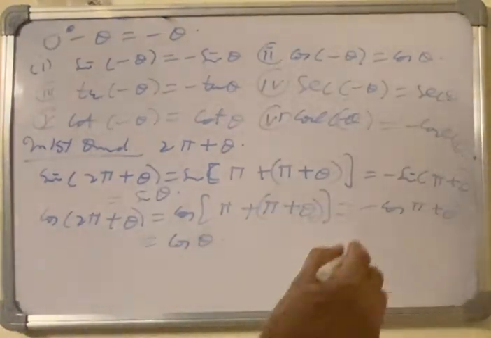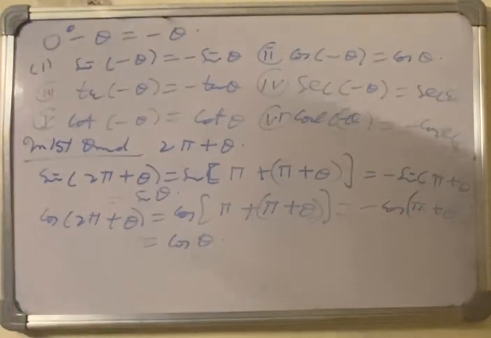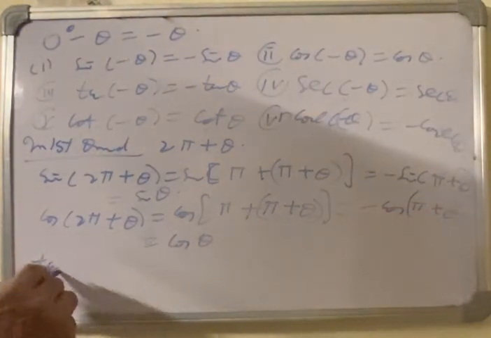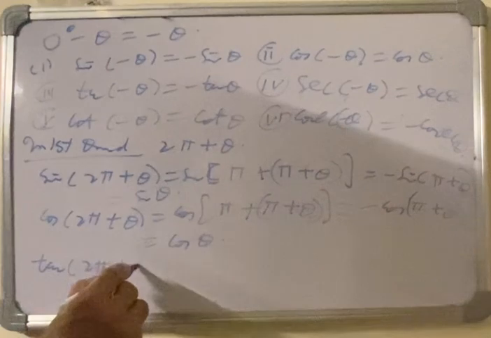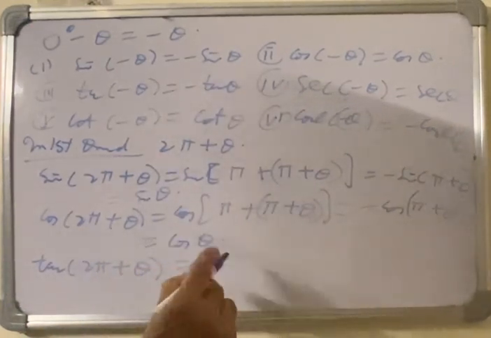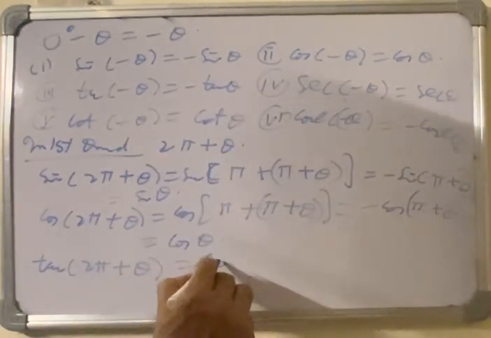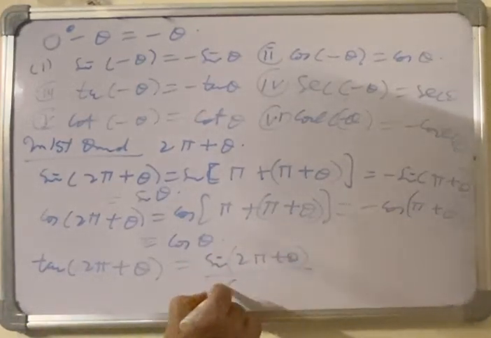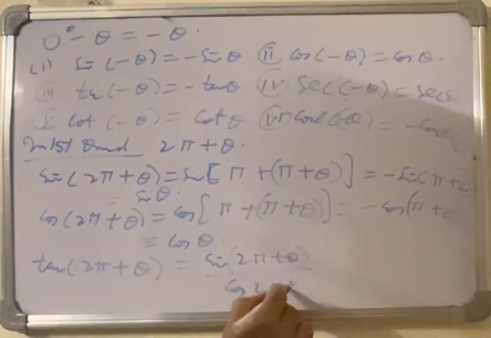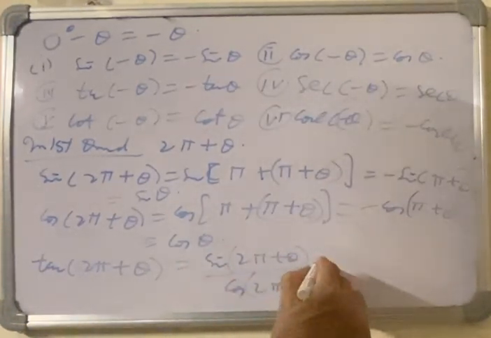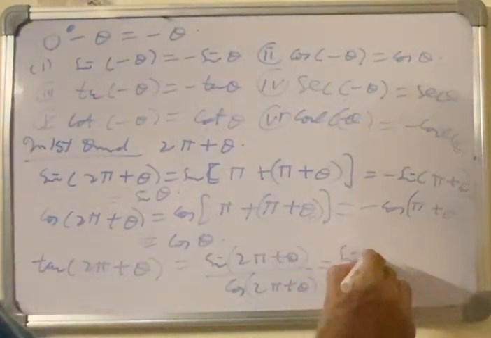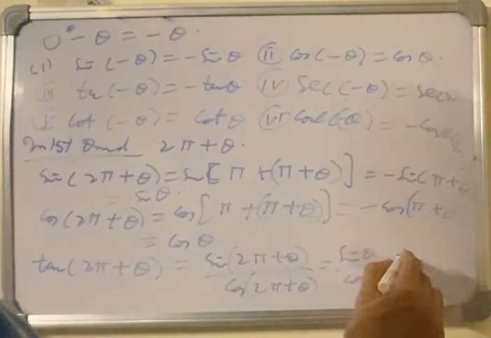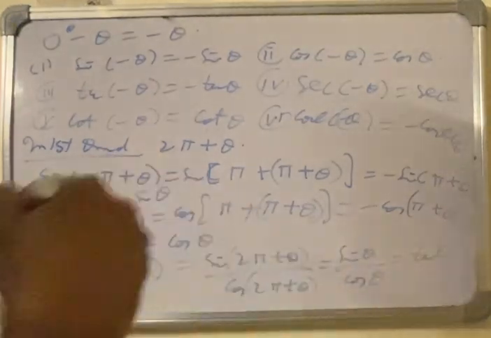Because in the third quadrant cos is negative. Similarly, tan 2 pi plus theta is equal to sine 2 pi plus theta over cos 2 pi plus theta. So this is sine theta over cos theta, which is tan theta.